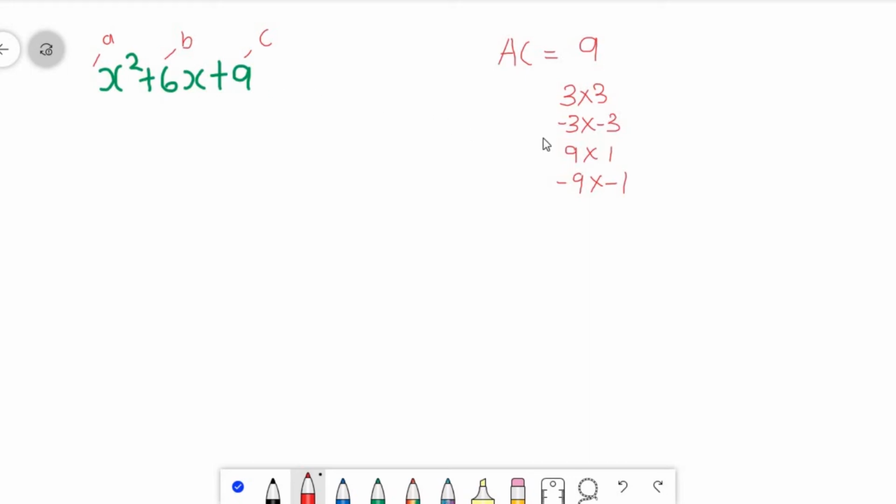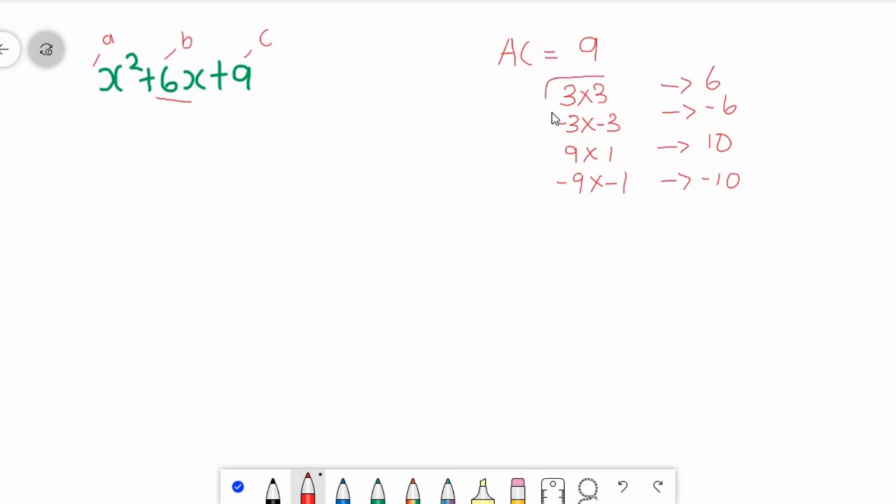When we multiply them, they would give us 9. Now we need to see which pair, when added, would give us this b term, positive 6. So we could start from the bottom. Negative 9 plus negative 1 would give us negative 10. 9 plus 1 would give me 10. Negative 3 plus negative 3 would give us negative 6. And 3 plus 3 equals 6.